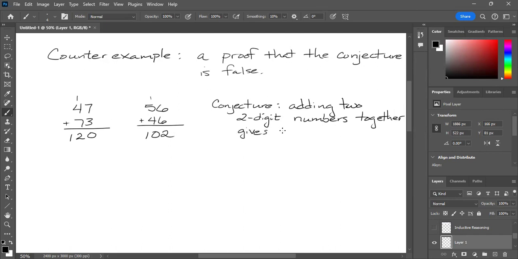We have two examples right there on the screen to prove that that is true.